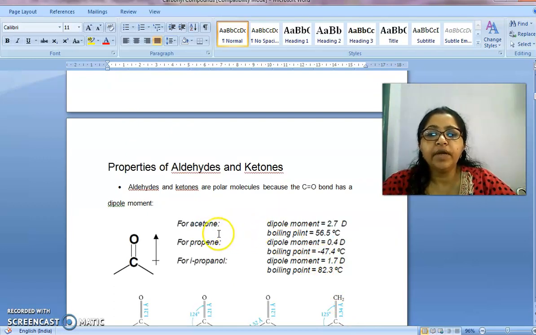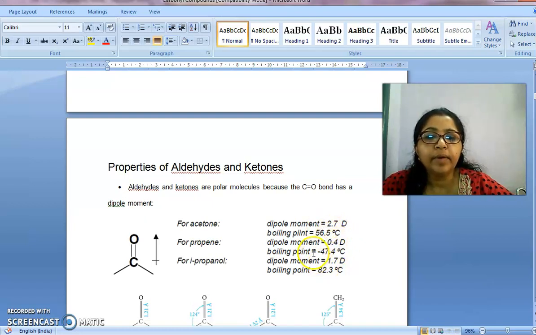Now if you compare acetone with propene or isopropanol, you will find acetone is the most polar, and it has a quite high boiling point compared to propene. Why? Because propene is almost non-polar, as it only has a bond between C and C.